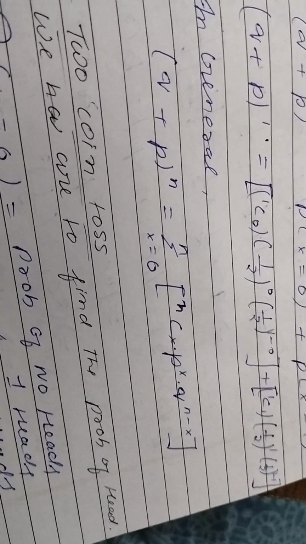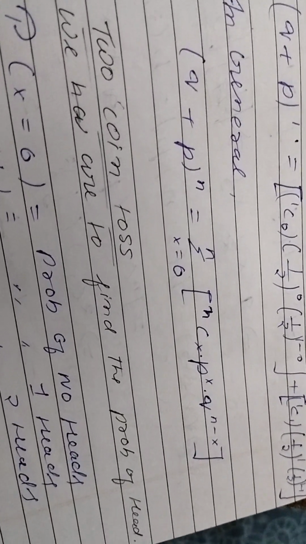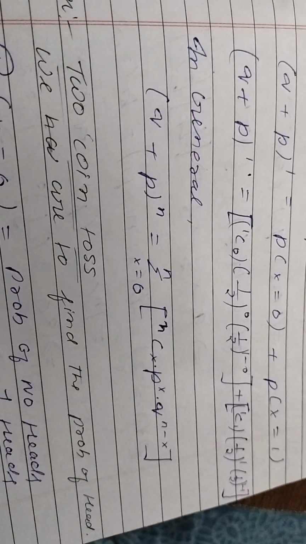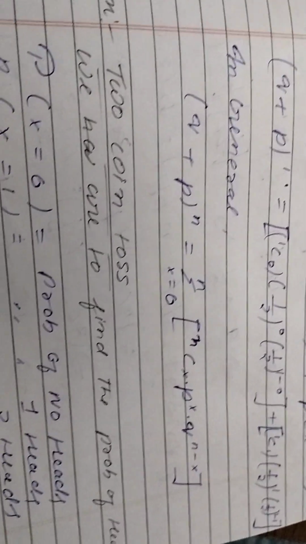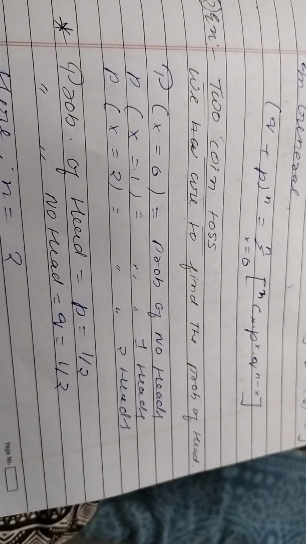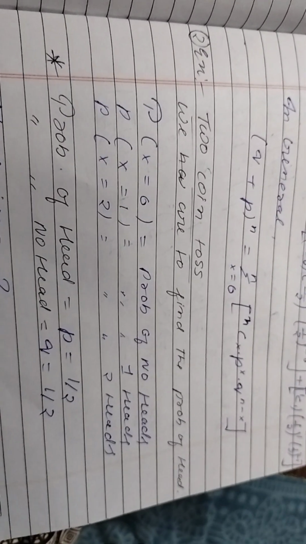So in short, you can write the summation from x=0 to n, and what you get is (q plus p) to the power n. The two coin toss experiment is similar to that.